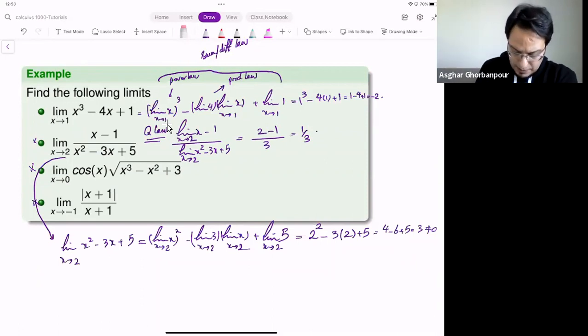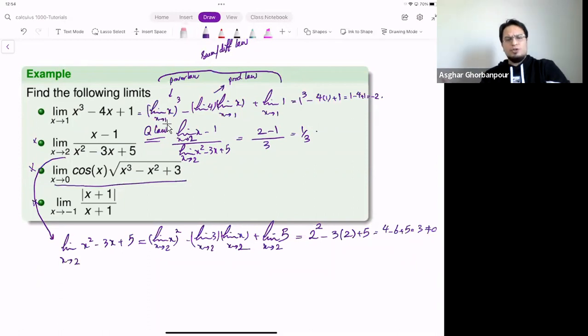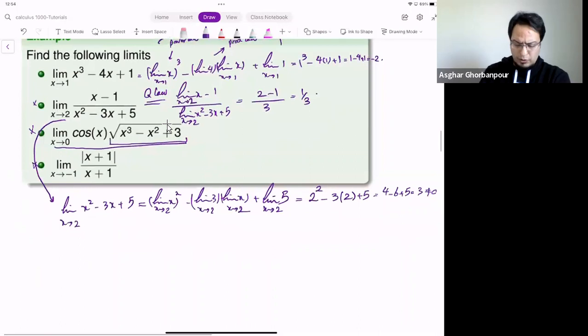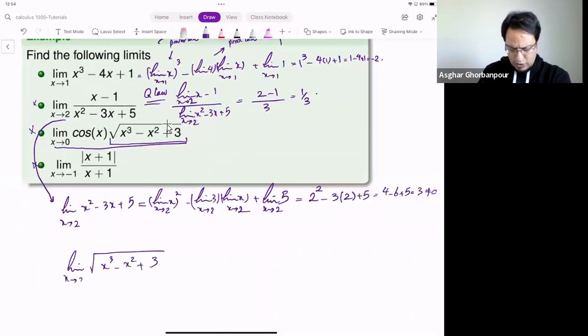This third example is easy to do, because if I apply the power or root law, this will give me the square root of the limit of x to the power 3 minus x squared plus 3 as x goes to 0.